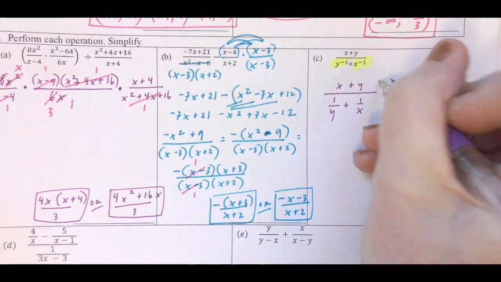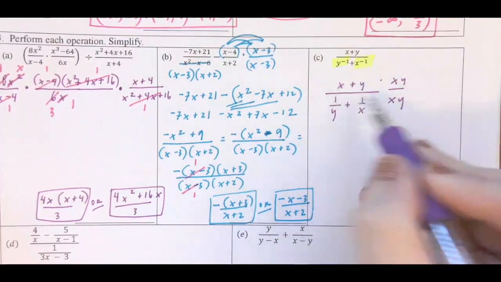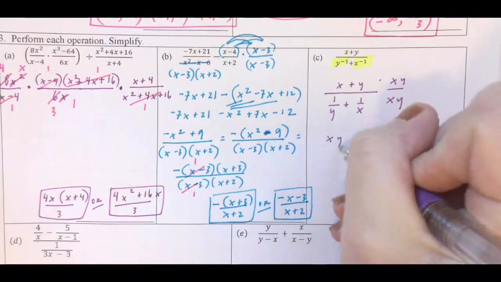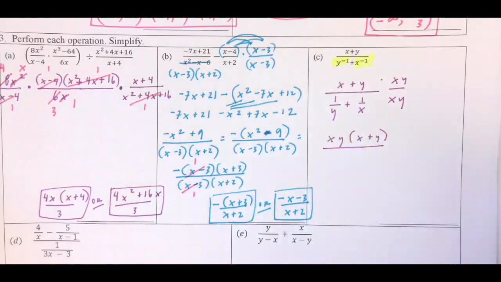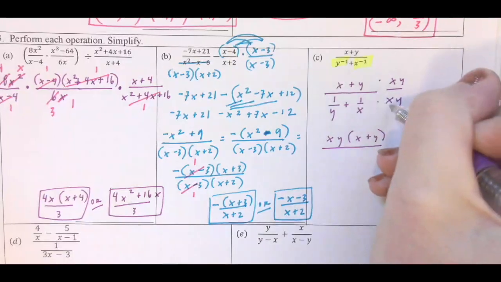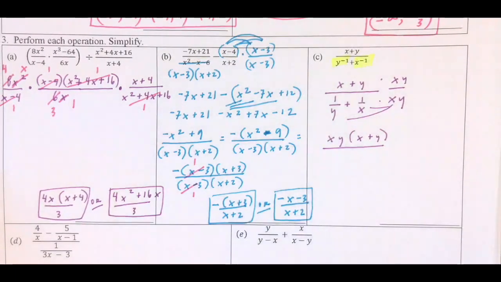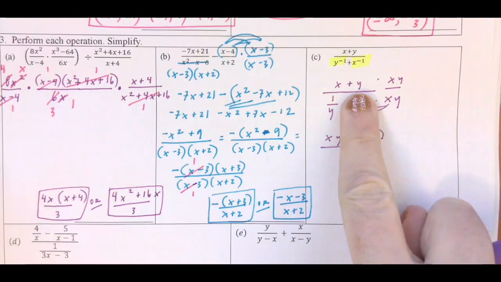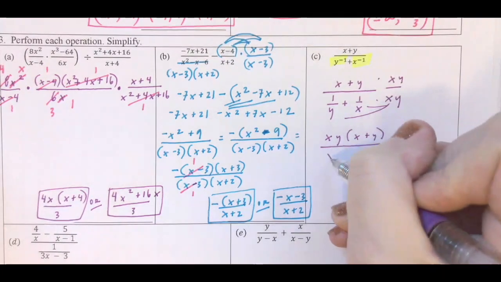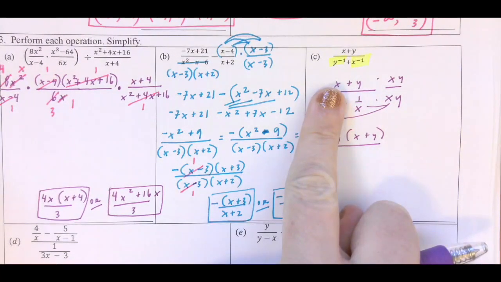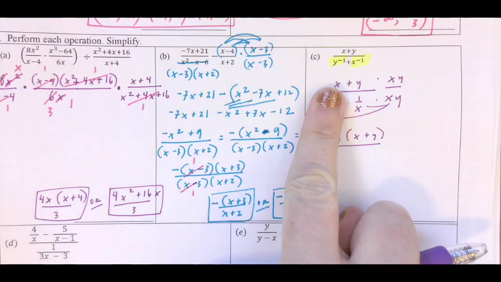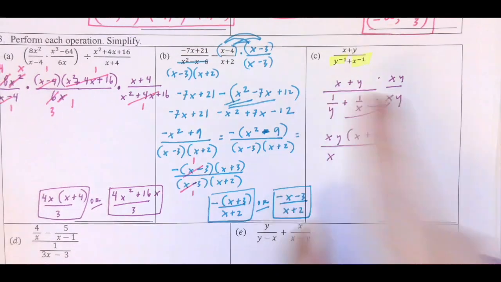So I'm just going to leave it right here for a moment as xy times x plus y on top. But when I distribute this on the bottom, if I take 1 over y times xy, the y's cancel out and just give me x. And if I multiply the xy over 1 over x, those x's cancel away and just leave me a y.